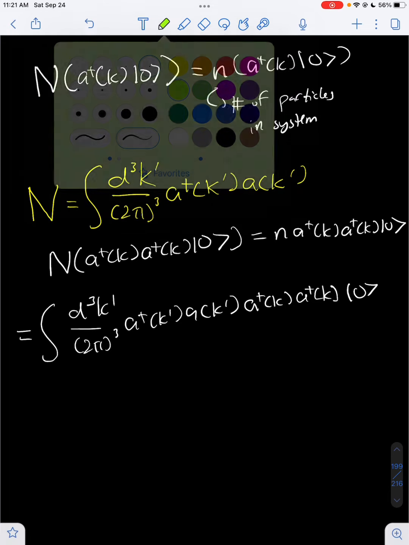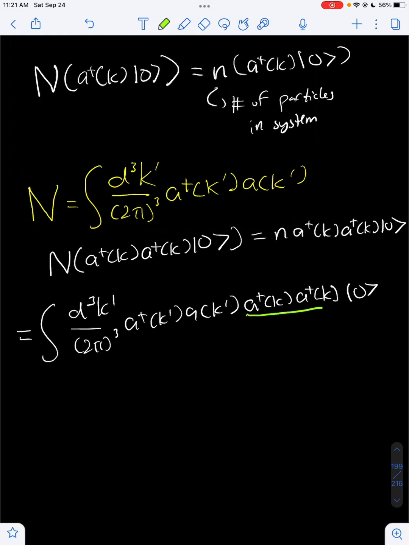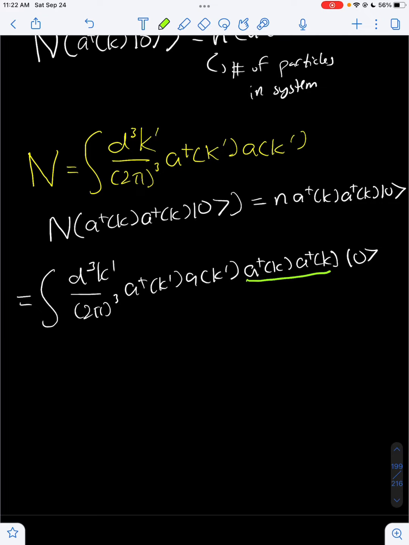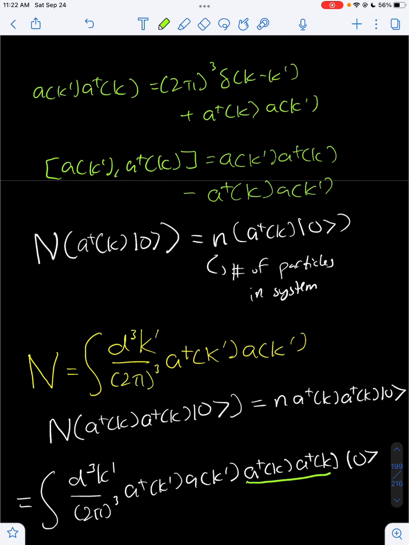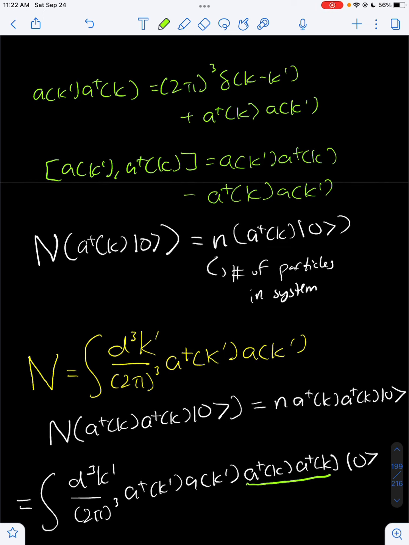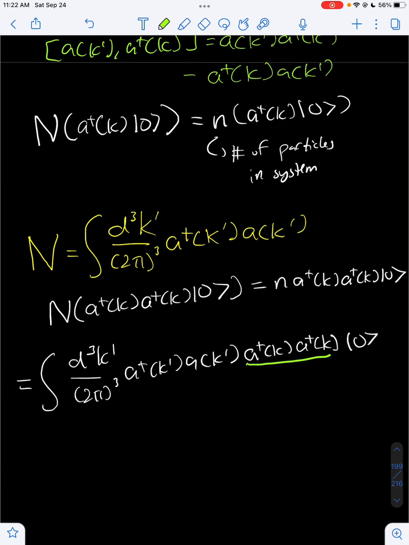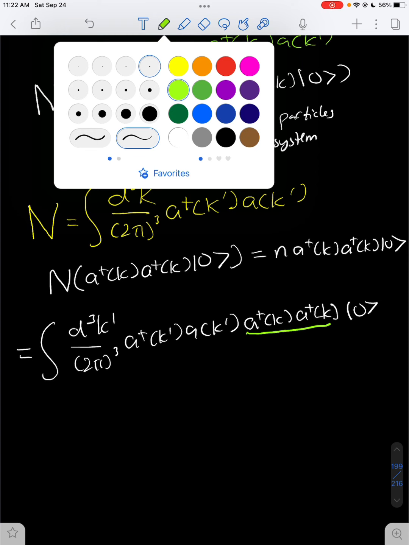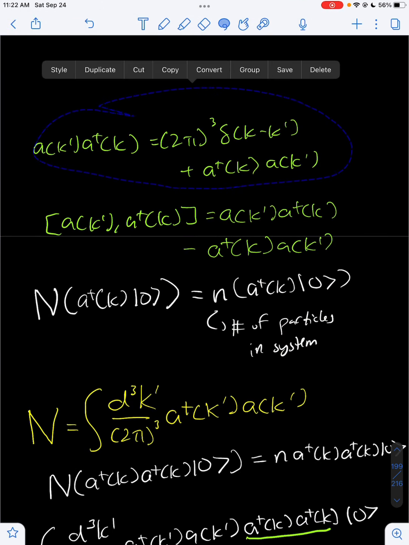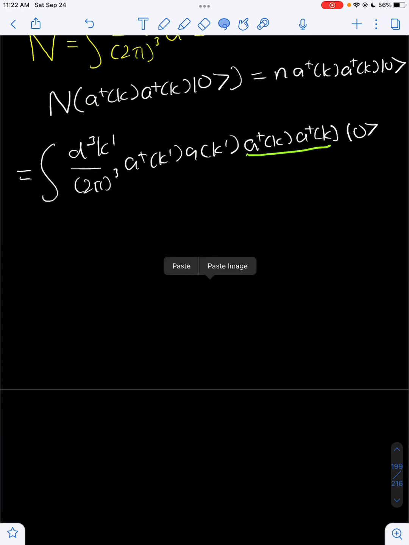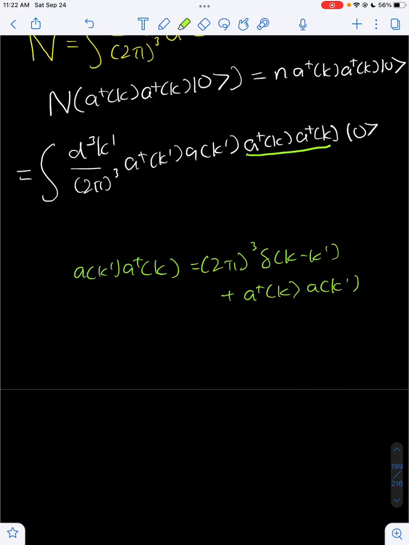So here, you can see where we plugged in that double A conjugate K. What we can do now is the same thing as before. We can revert back to our commutation relations above here. So let's just copy that and paste it for convenience. And we can see that we have this exact same term right over here.